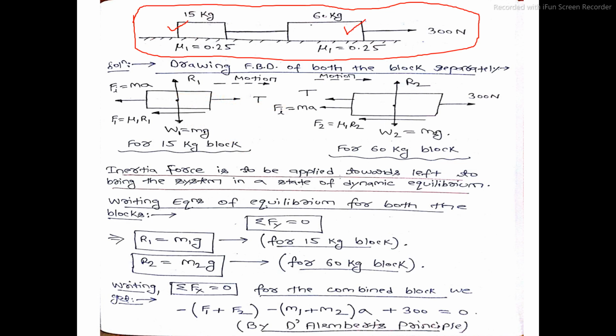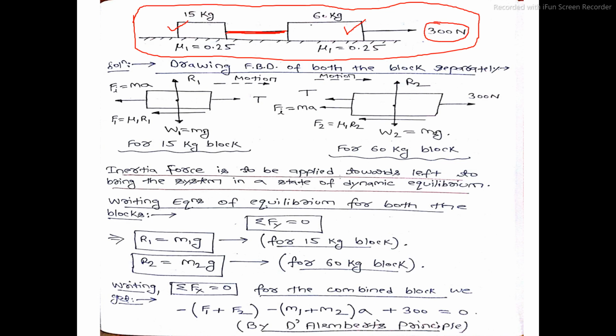Both blocks are connected by a common string. This is that string. Now, on one end of the 60 kg block, a force of 300 Newton is applied.